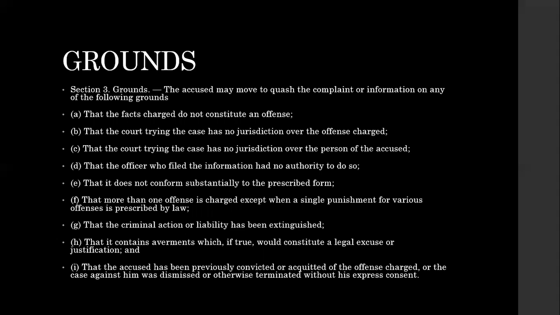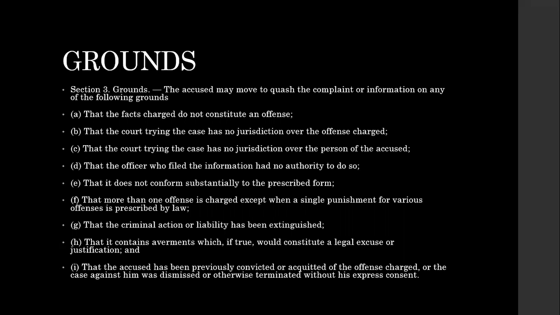So you should look back, or you should recall, what are the rules for the sufficiency of the complaint or information. Okay, you should recall the rules on the sufficiency of the complaint or information.